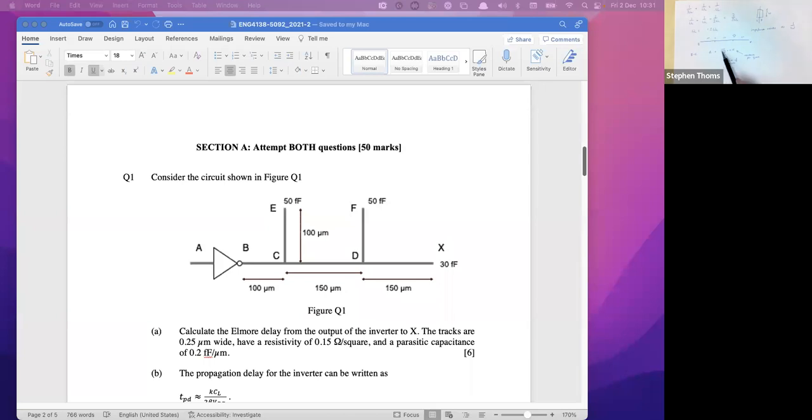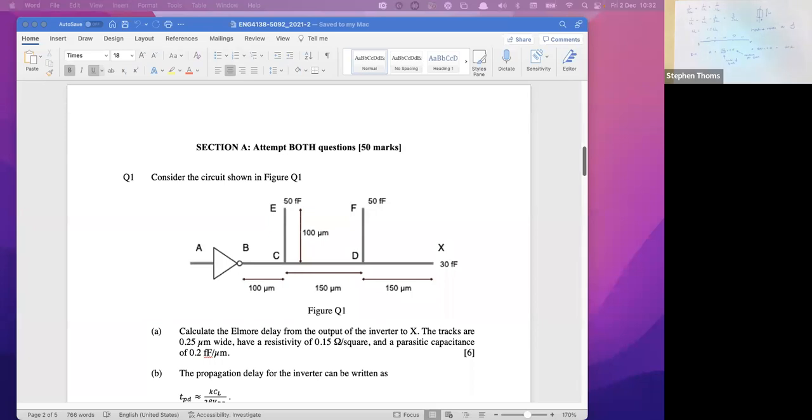And if you've got 100 microns long, quarter of a micron wide, that's 400 squares, one after the other. So 100 divided by 0.25. So if you calculate all that out, that's 400 times 0.15 equals 60 ohms.